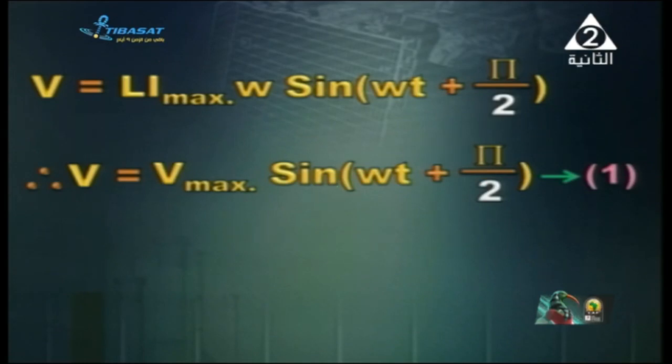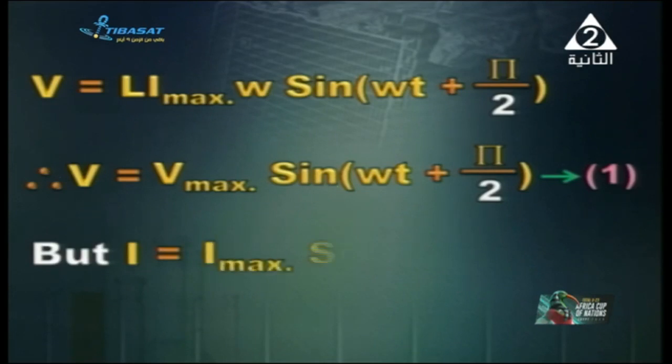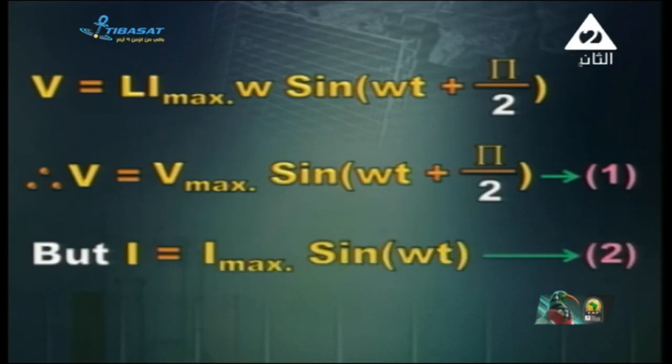This is the first equation. This is the equation that gives the voltage. And what about the current? I is equal to I maximum sine omega t. If we compare the two angles here, in the first equation we've got sine omega t plus pi over 2. In the second, sine omega t only.